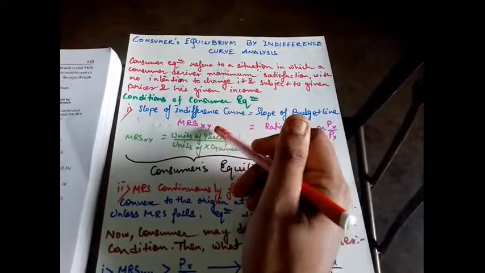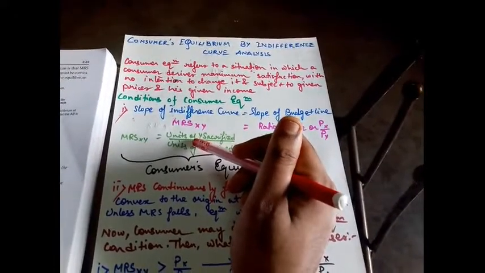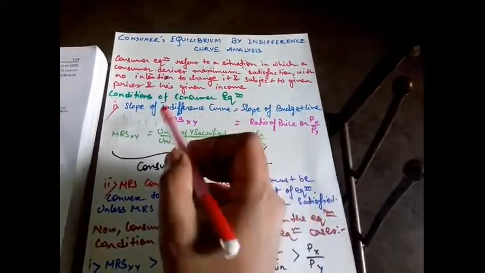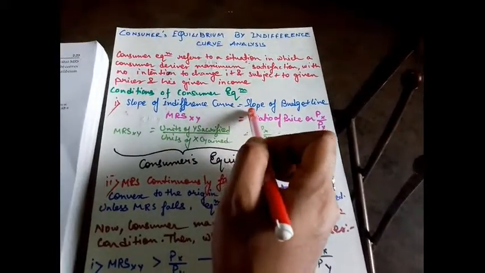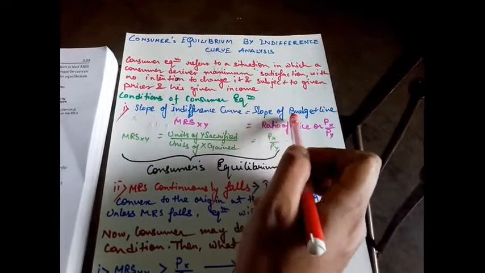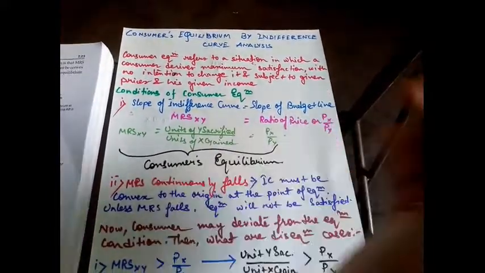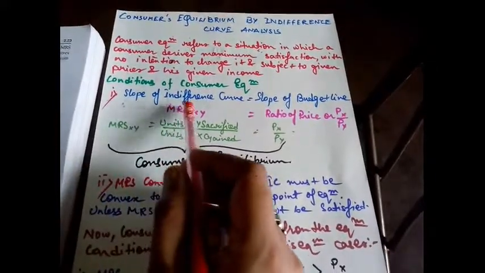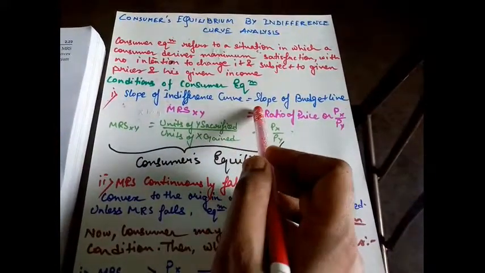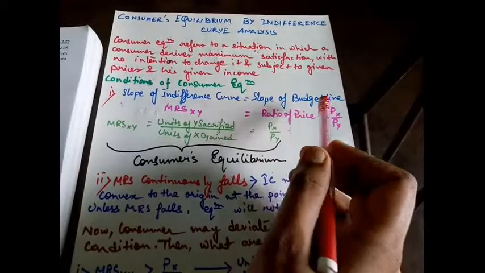So what will be the equilibrium condition? When the slope of the indifference curve is equal to the slope of the budget line. It is telling that the slope of indifference curve equals the slope of budget line.